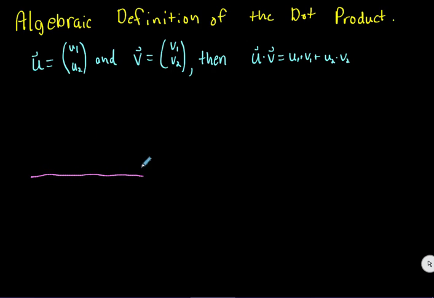So imagine that we have the x and y axis, and this vector right here is going to be vector u. And then we have vector v going that way.